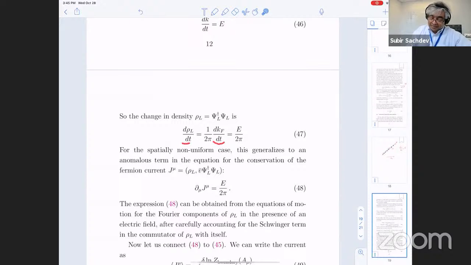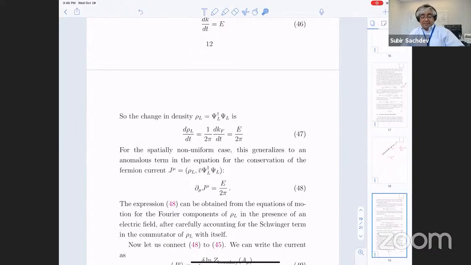And the density is 1 over 2 pi times kF. As kF moves up, the density moves up. So that gives me E over 2 pi. So for a uniform electric field, when you apply it to the sample, the density just increases with time. That's the famous equation, the 1D chiral anomaly. It's the analog of the Weyl anomalies in 2+1 dimensions or 3+1 dimensions that people are studying these days.